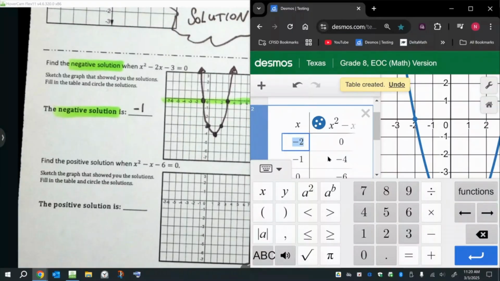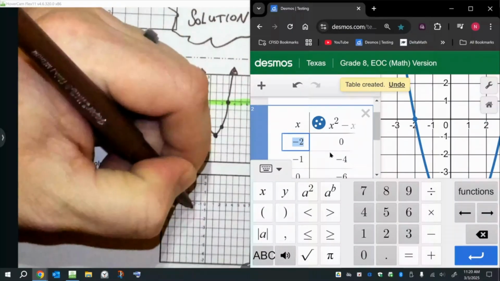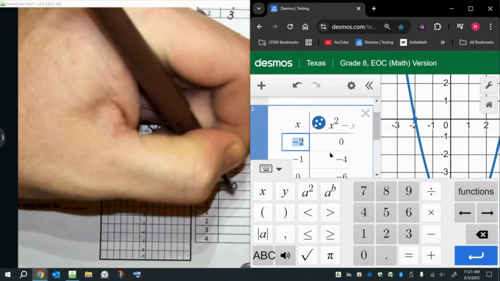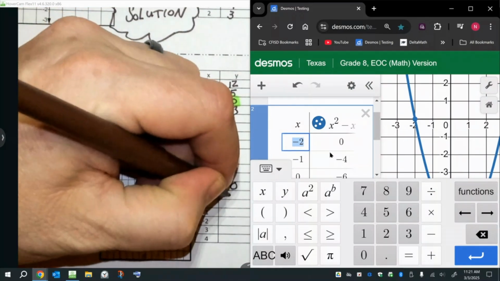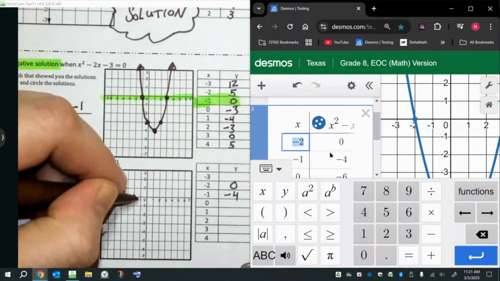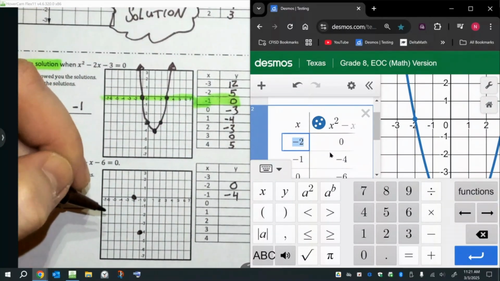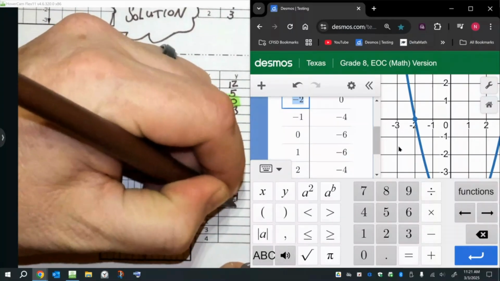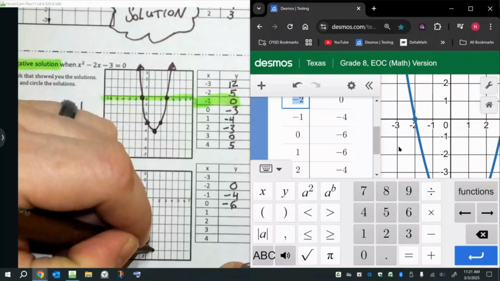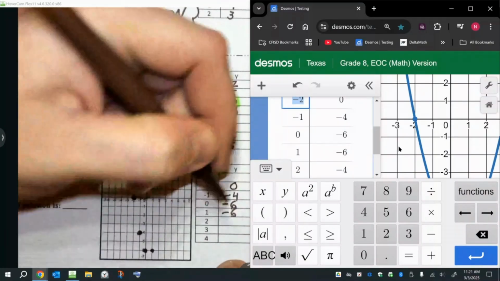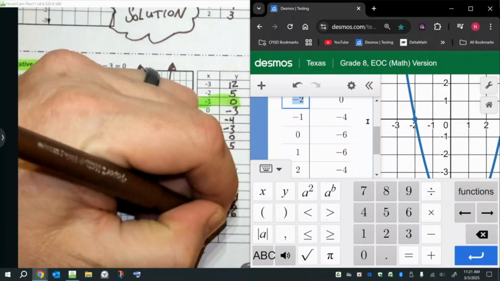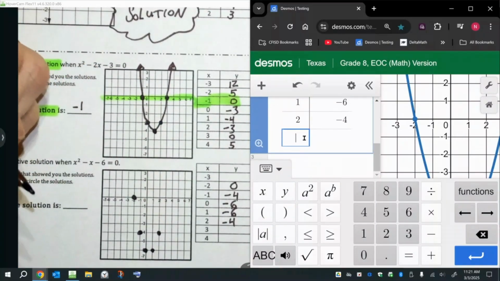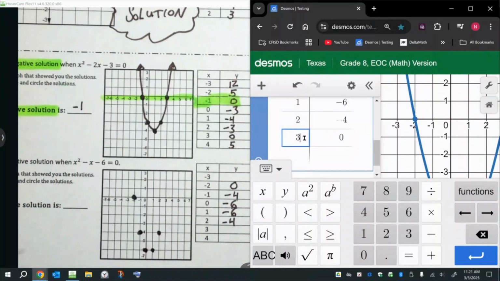Turn it to a table. -2 goes with 0. -1 goes with -4. 0 goes with -6. 1 also goes with -6. 2 goes with -4. 3 goes with 0.